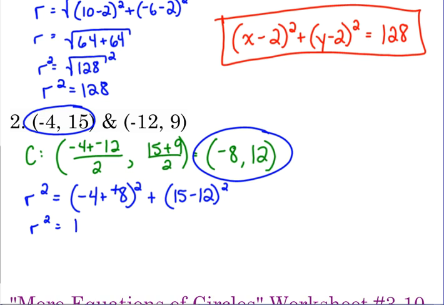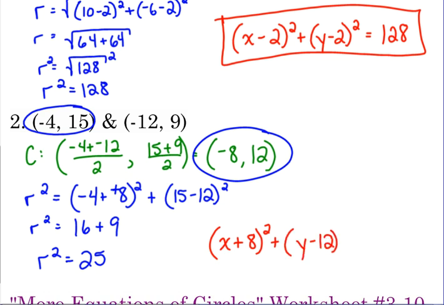So -4 plus 8 is 4. 4 squared is 16. 15 minus 12 is 3. 3 squared is 9. So that ends up saying r squared is equal to 25. So here's our equation. x minus the x-coordinate. The x-coordinate was -8, so that changes the sign to x plus 8, squared, plus (y minus 12) squared is equal to r squared, which is 25.